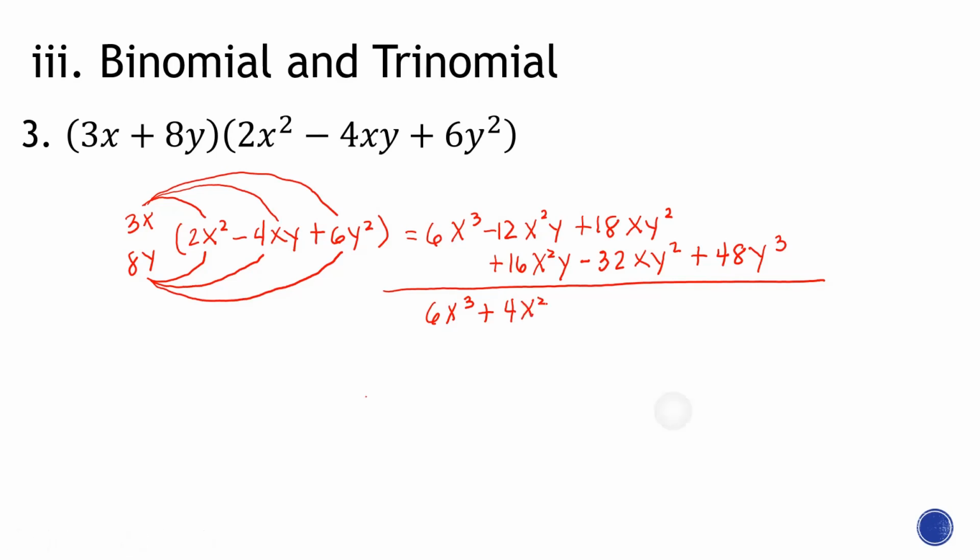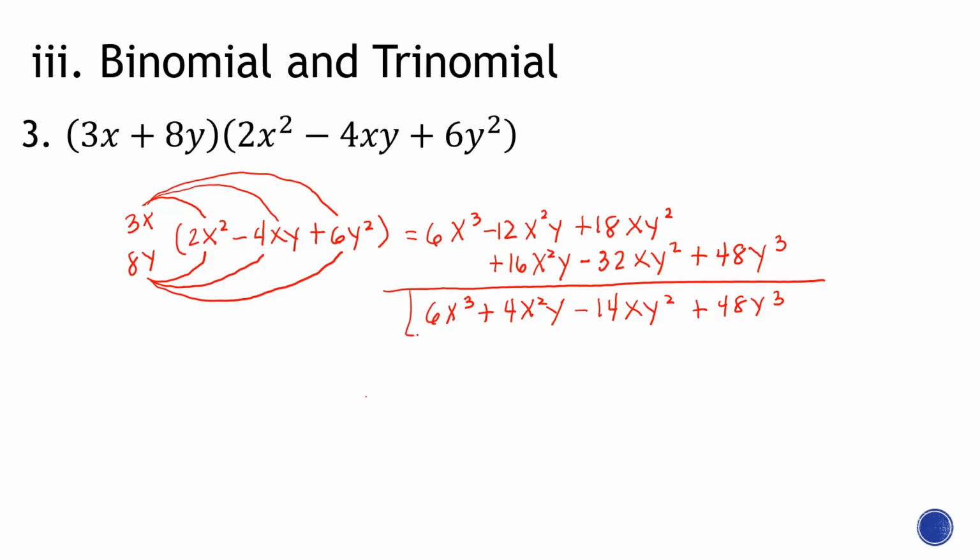Okay, and then for x squared y, 18 and negative 32. Again, they have different signs, so we will subtract them. This is negative 14xy squared. Again, it's negative because 32 is higher than 18. And then plus 48y raised to 3.